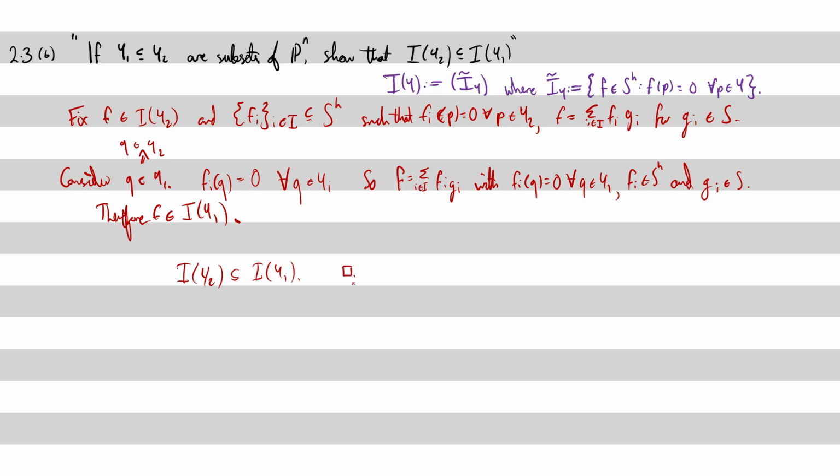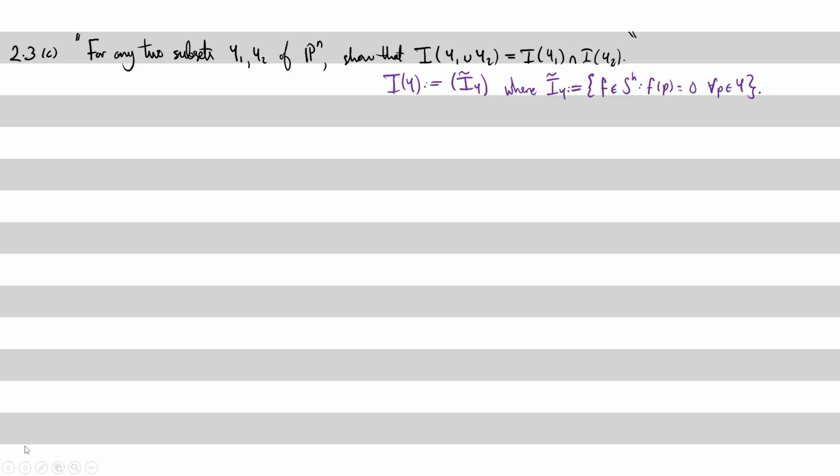And we can move on to our next question, which is to see that for any two subsets of P^n, the ideal generated by their union is equal to the intersection of their respective ideals. Firstly, Y1 union Y2 contains Y1 and Y2 by definition.